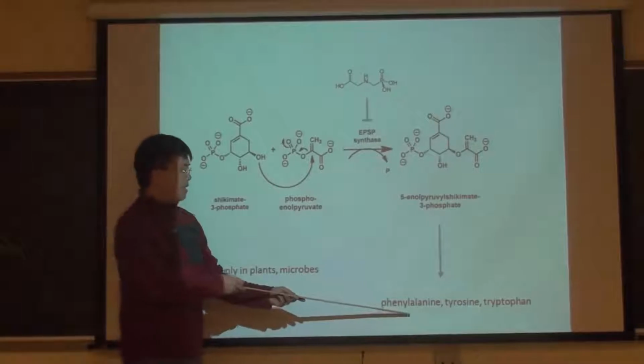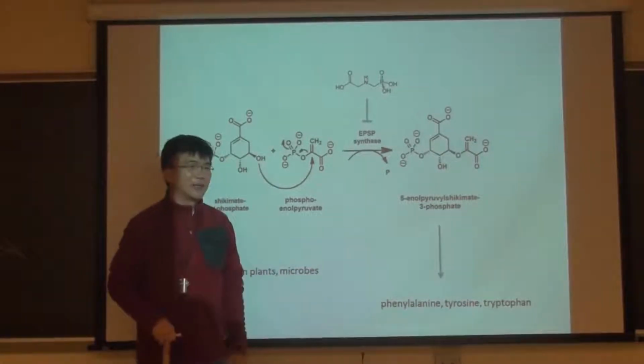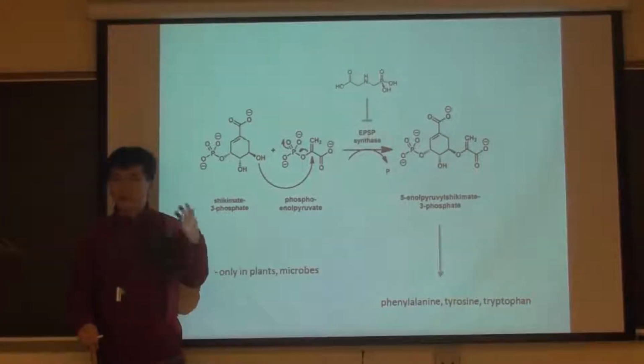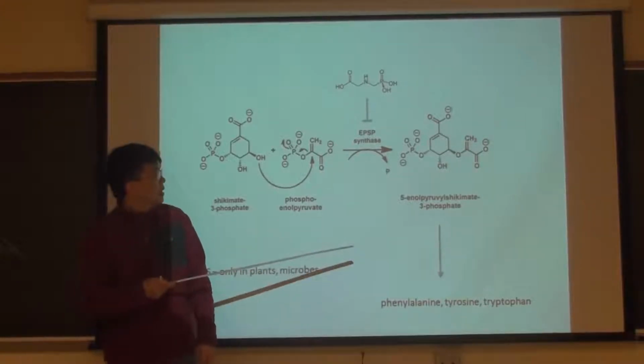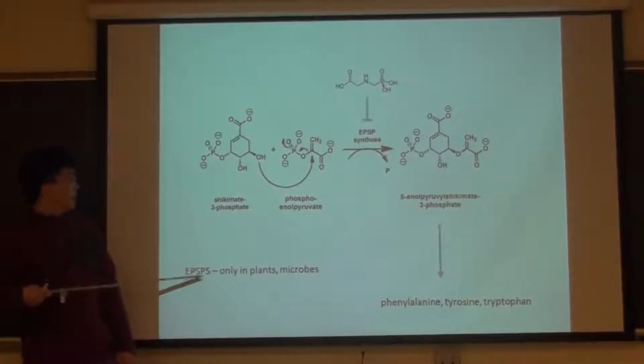Phenylalanine, tyrosine, tryptophan, what are they? Amino acids. 3 out of 20 amino acids, because they are essential. In plants and some microbes, there's an enzyme called EPSPS.